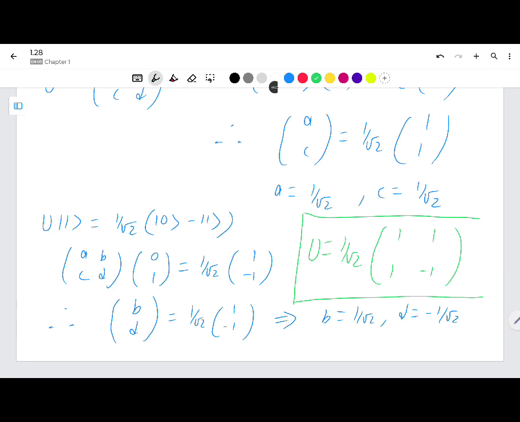Notice these are just the plus and minus eigenstates, right? Written in column form. Okay, fine. So we found the matrix that can take us from one diagonal basis to another diagonal basis.